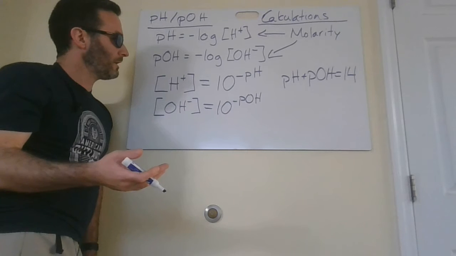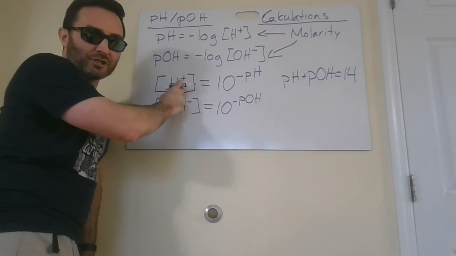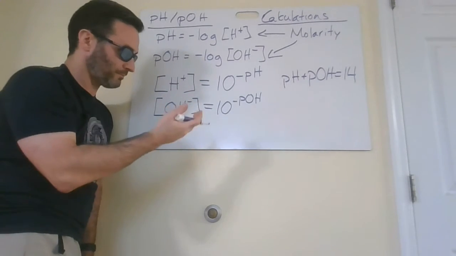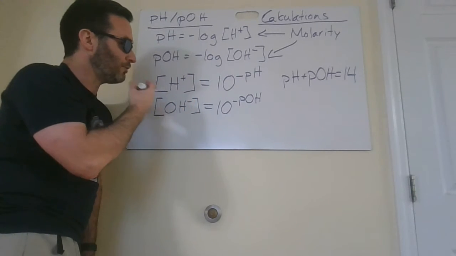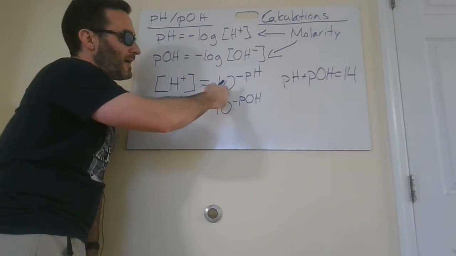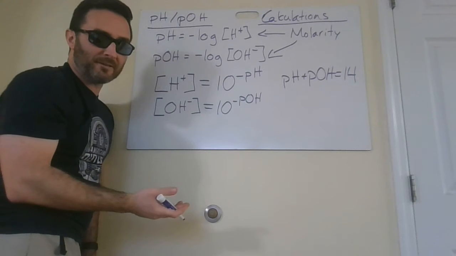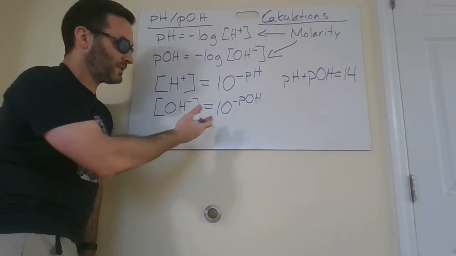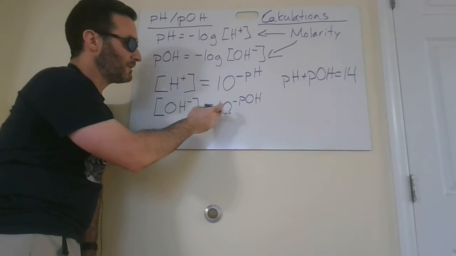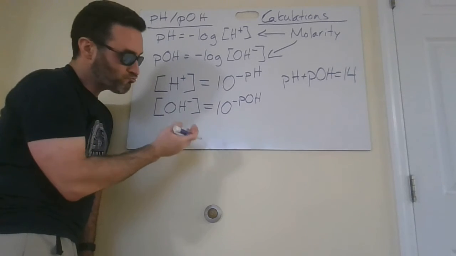Conversely, if you have the pH and you want the concentration of the hydrogen ions or H3O+, all you're doing is taking 10 to the negative power of the pH, and you can get that number. The same thing with the pOH. If you want the hydroxide ion concentration, 10 to the negative pOH will give you that molarity.